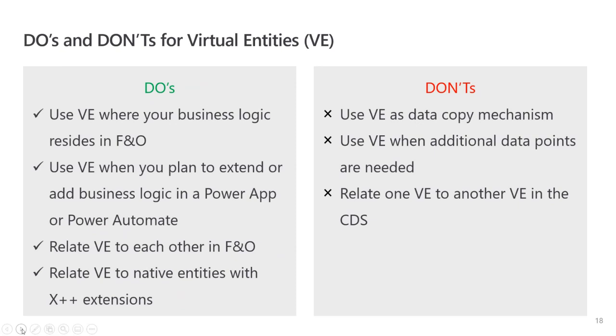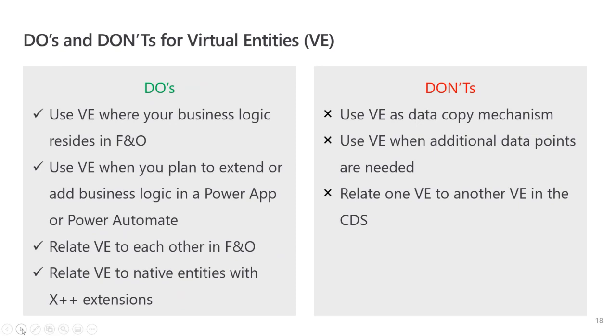It's important that you'll want to relate your virtual entities to each other. So if you need to relate one virtual entity to another virtual entity, you'll do that in F&O directly on the entity. So you'll make an extension to that entity, or if you've created a brand new entity, you can do it directly on there. Those relationships are dependent on the actual relationship on the entity.